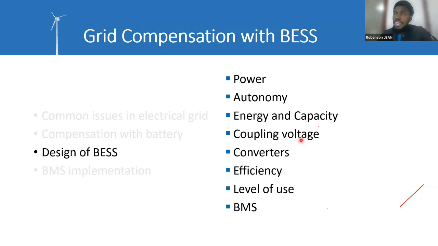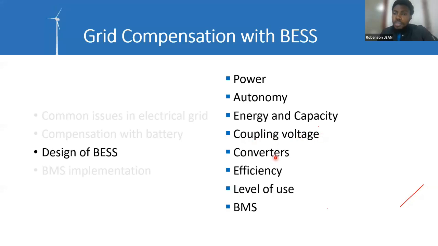For instance, if it is a string of battery of 2 volts, or if it is 12 volts, if it is 48, if it is 24 volts. So this, the coupling voltage will depend on the battery.